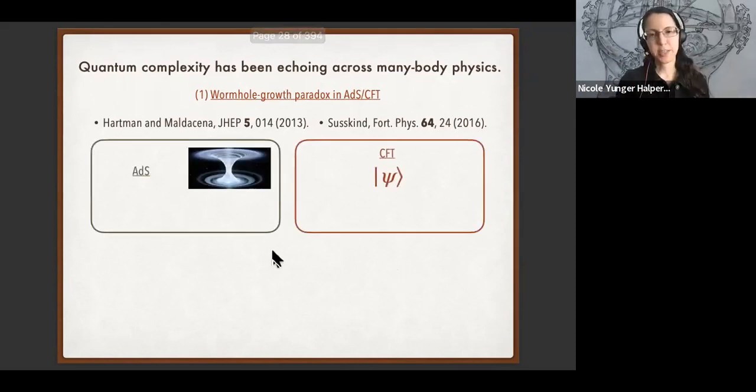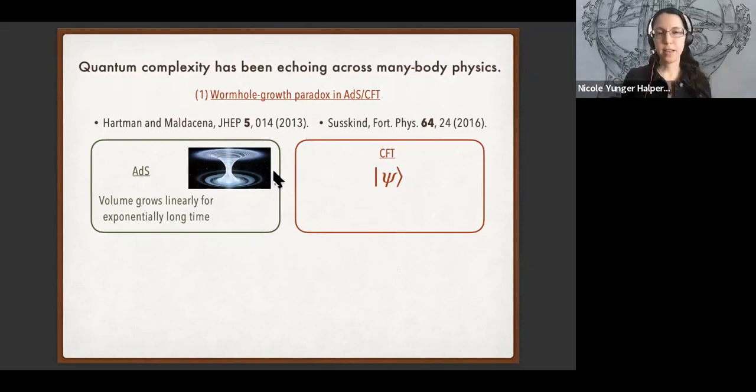In AdS/CFT, we have some space-time and we have some conformal field theory that participates in a duality. In the AdS space-time, we can have two black holes connected by a wormhole, and the wormhole's length or volume can grow linearly in time for an exponentially long time.